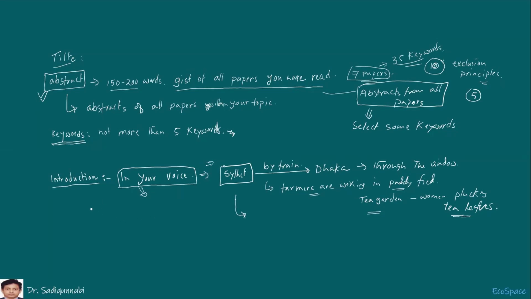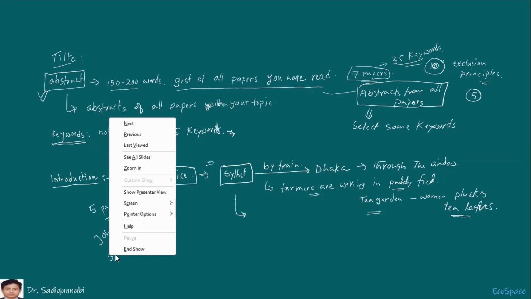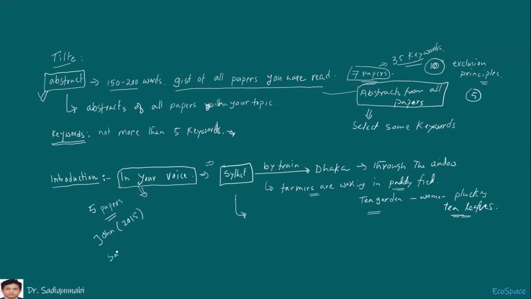So if you have 5 papers, your introduction should be like this. Suppose the 5 papers are written by John, maybe 2015, maybe Samuel, maybe 2019 or 18.